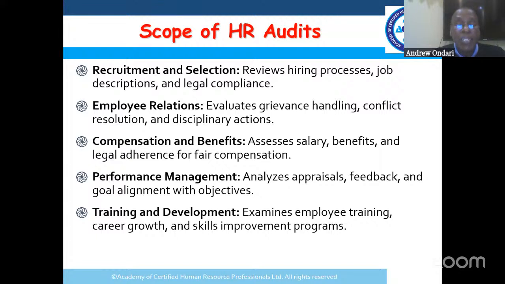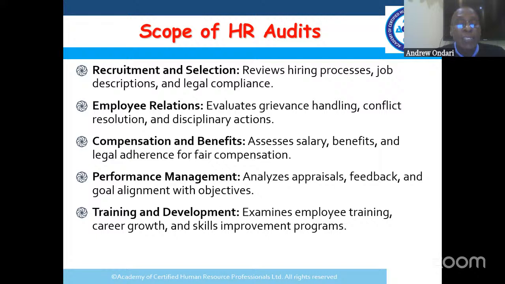Which means that there should be systems to help employees, one, provide career guidance and counseling so that they can identify their career objectives or achieve their career objectives. There should also be provisions for promotion so that people can enhance their careers. So as HR auditors, we are looking at whether these opportunities exist and whether they are working.